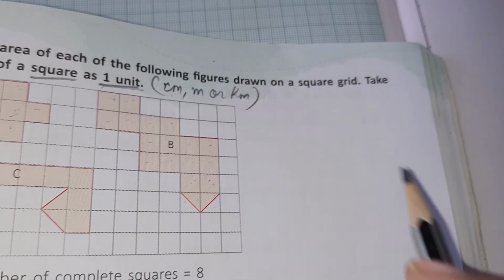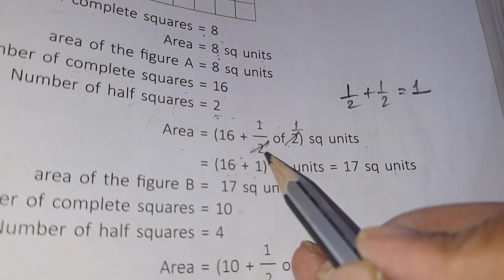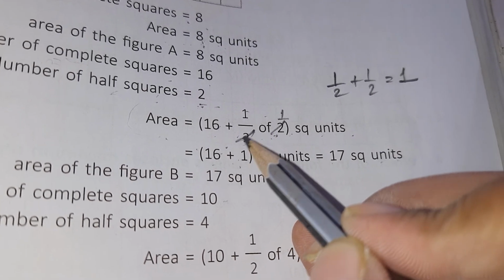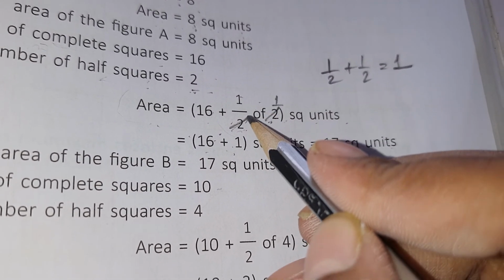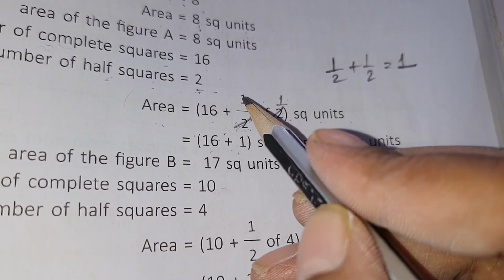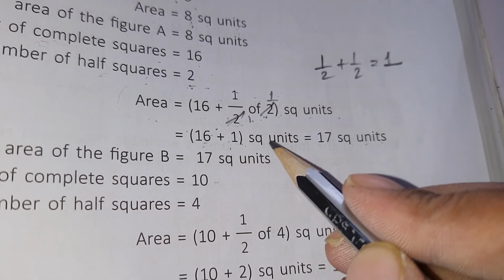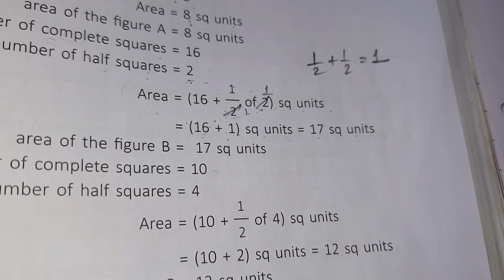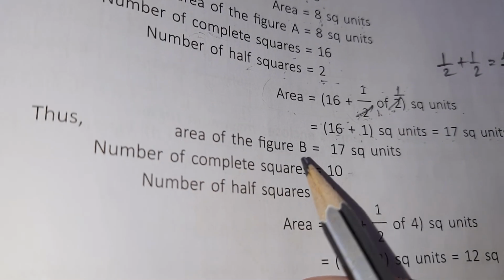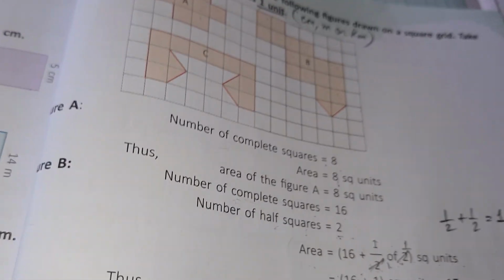Yes or no? So directly you can take 1, or if you write half of 2, 2 ones are 2, so 1 into 1 is equal to 1. 16 plus 1 square units equals 17 square units. Thus the area of figure B is 17 square units.